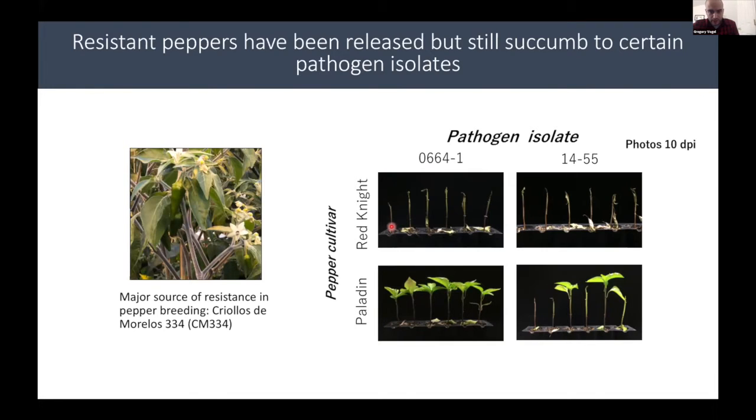And when we inoculate these plants with the pathogen isolate 0664-1 on the left, we see that Red Knight is susceptible and Paladin is resistant. However, when we inoculate the same two varieties with the pathogen isolate 1455 on the right, you can see that this isolate is able to kill most of those Paladin seedlings, showing how important isolate selection is in determining the resistance level of a particular pepper variety.